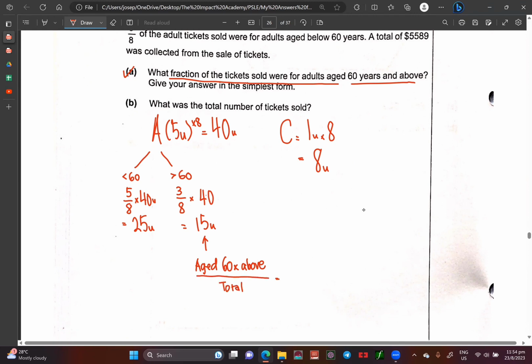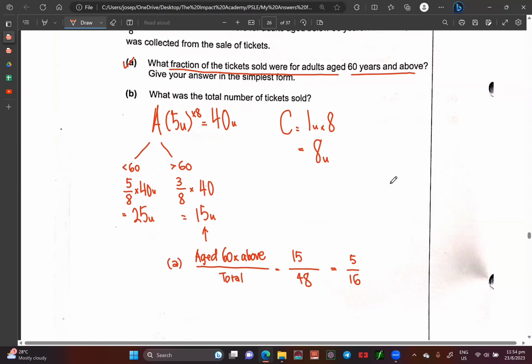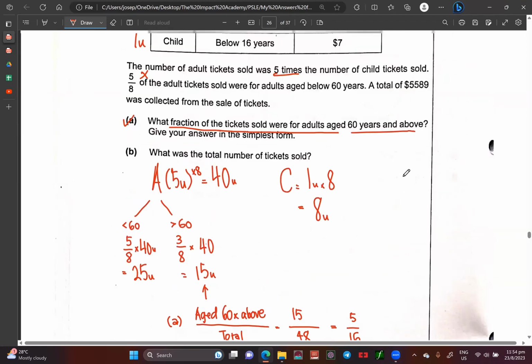That will be 15 over the total, which is 40 plus 8. That gives me 48. When I reduce to simplest form, I can divide by 3 and get 5 over 16. So this is my answer for A. Of course, if you want to solve the rest first before coming to A, that's perfectly fine as well. So we know the answer for A, and we can go on to B.